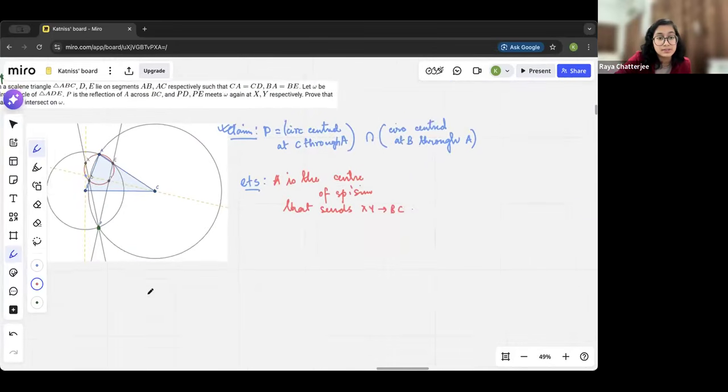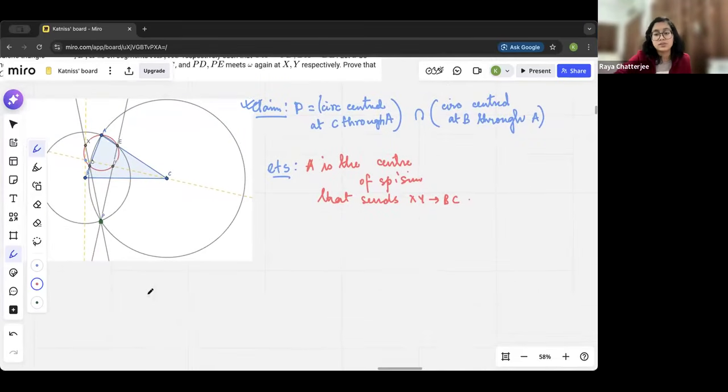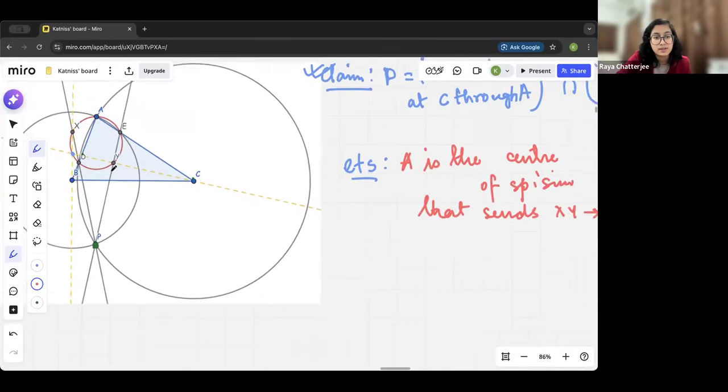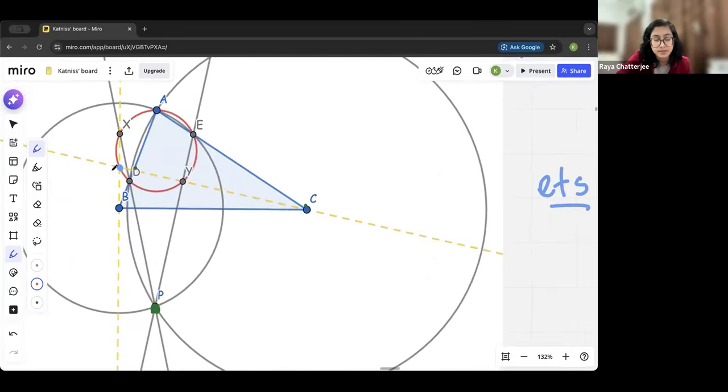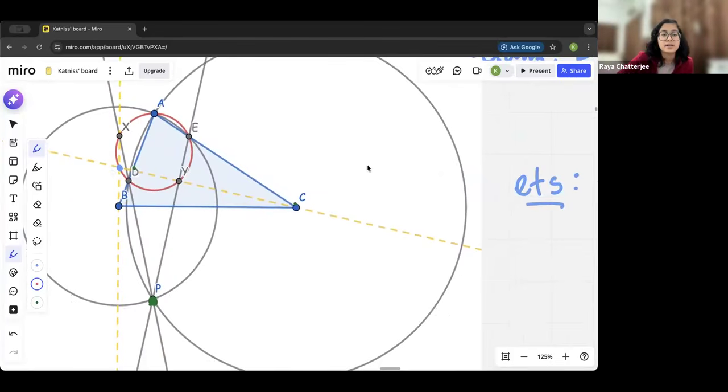I want XY to go to BC, so I basically want XB intersect YC to lie on this circle. That is equivalent to XY going to BC by spiral similarity.